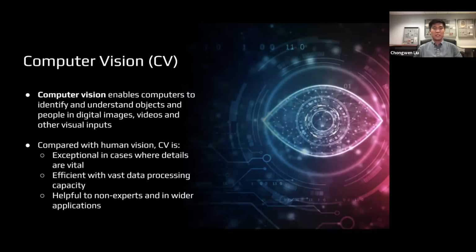So first of all, computer vision is exceptional in cases where details are vital. This is to say, computers see things that we can't see and identify features that we cannot recognize. And also, computer vision is efficient if there's a vast amount of data, and they can process a huge amount of data very quickly.